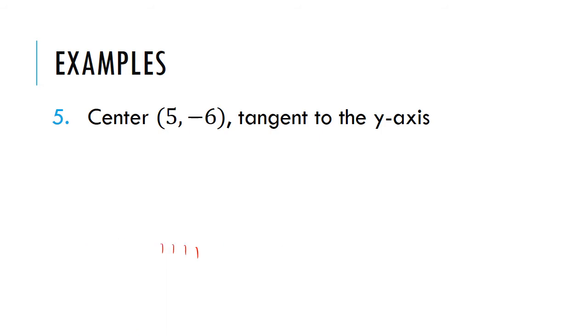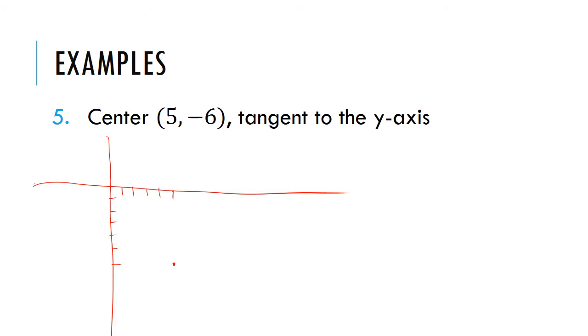I'll just raise it here. I'm not good at drawing. Okay. That's better. 1, 2, 3, 4, 5. 1, 2, 3, 4, 5, 6. So this is 5, negative 6. The center is here. And it says that it is tangent to the y-axis.